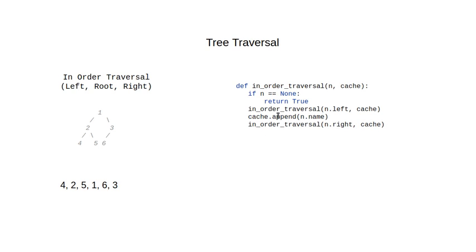In that way, we get the left and then the root and then the right. So that's how we do it, and we're going to have the output 425163. So that's for the in-order. I'm going to show you while I debug that.